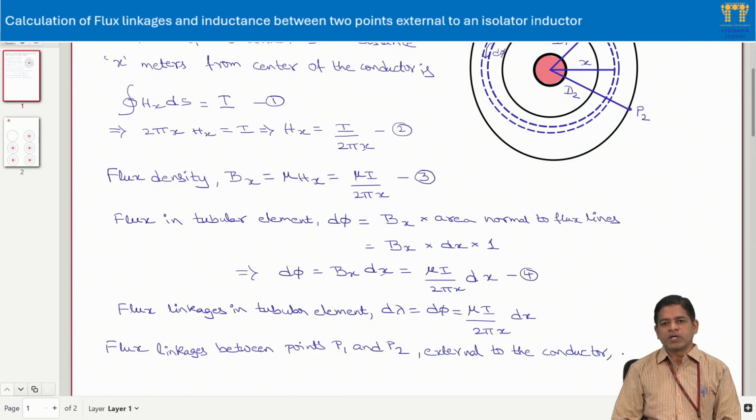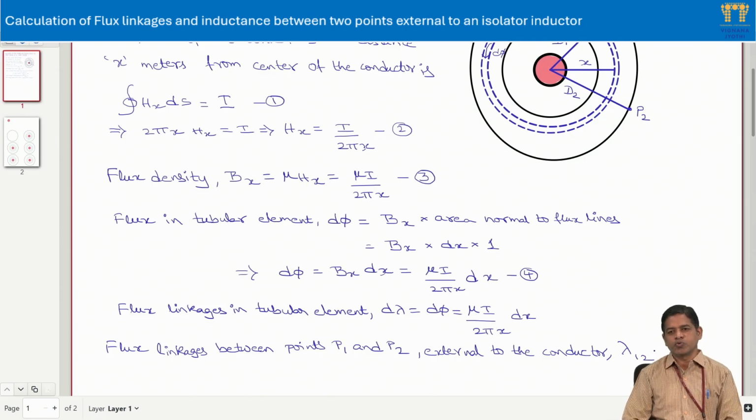I can represent it as lambda 1 2. Why? Because I am calculating the flux linkage between these 2 points 1 and 2. Then that would be integral of d lambda between points P1 and P2 which are at distance D1 and D2. So the lower and upper limit of integral would be D1 and D2.